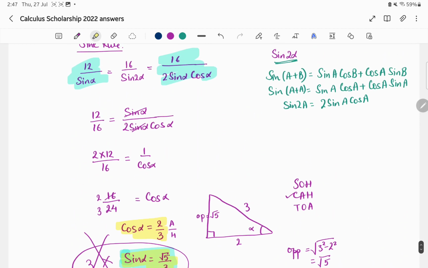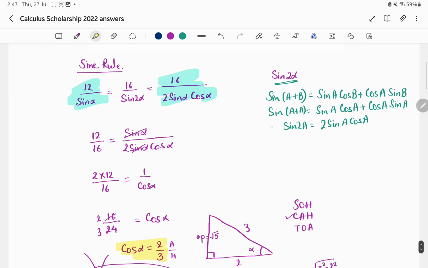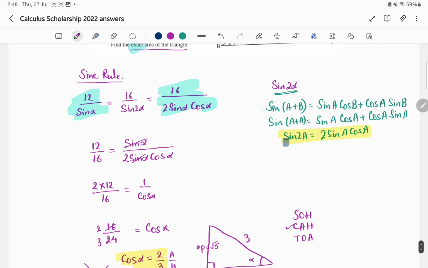Sine 2a, we don't have the exact value, but we have the formula that sine 2a is equal to 2 sine a cos a. So sine 2 alpha is equal to 2 times sine alpha, root 5 over 3, times cos alpha, 2 over 3. That will give us 4 root 5 over 9. So that is sine 2 alpha.